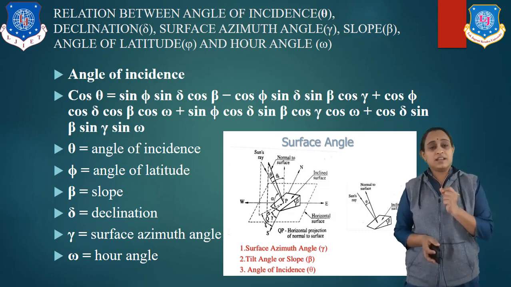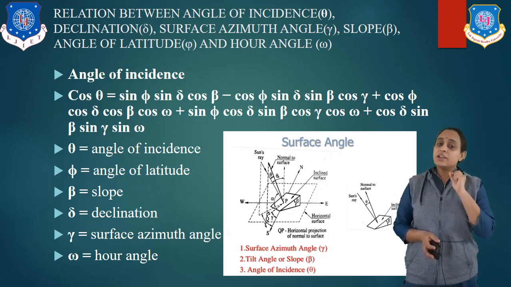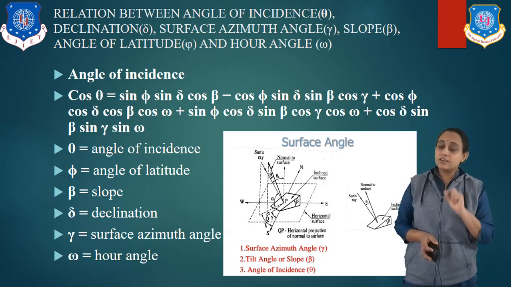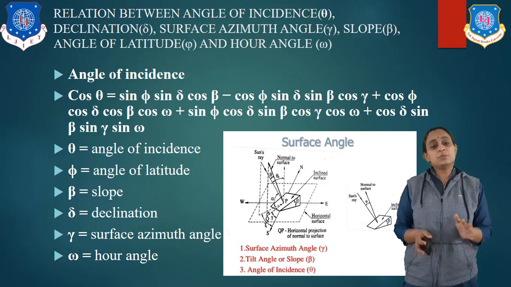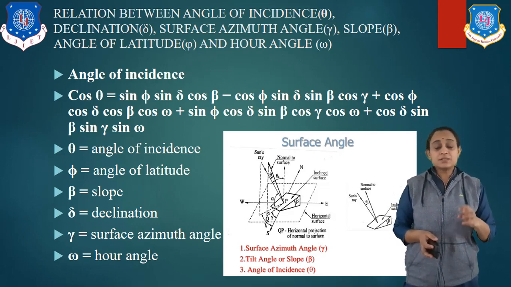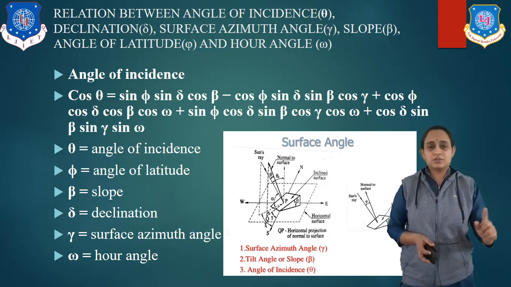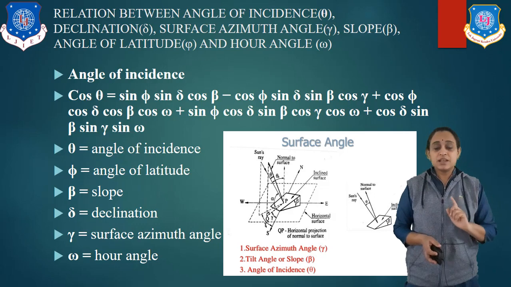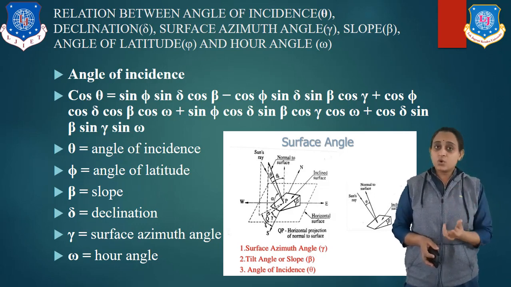We have to understand that the radiation interface of the sun and earth is based only on the position of both of them. It means earth revolves in the orbital space and earth also rotates on its axis.